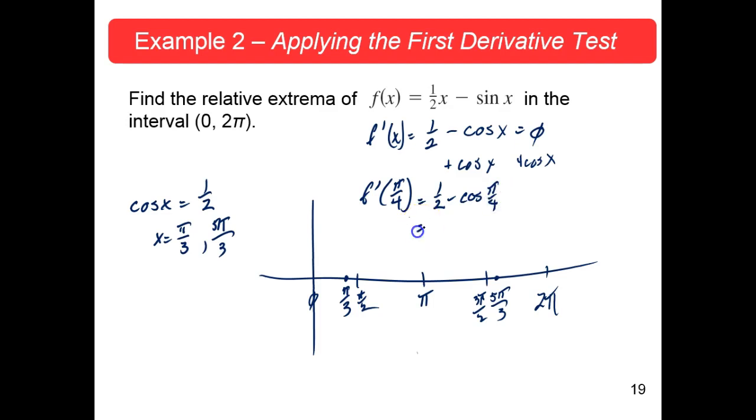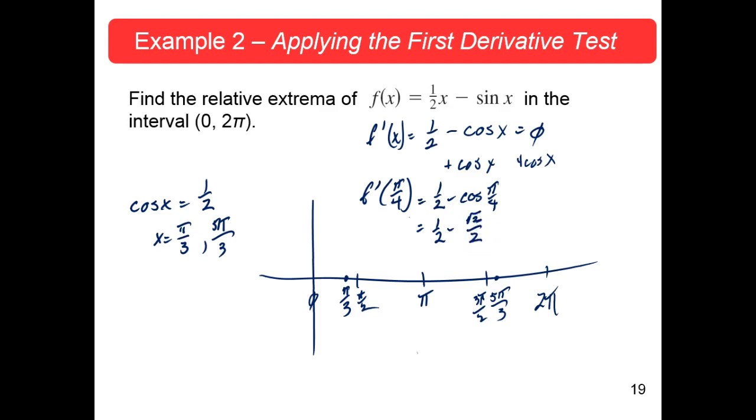And what is the cosine of pi fourths? I hear head scratching going on. Anyone remember? Root 2 over 2.